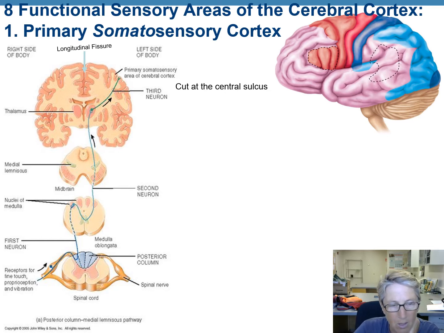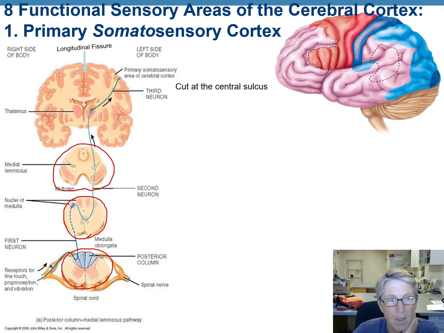At each level, there's a cross-section: here's a cross-section of your spinal cord, the second one is a cross-section of the medulla oblongata, this is a cross-section of the midbrain, and up here would be a frontal section of the brain. Then we come down here to the lower left-hand corner.